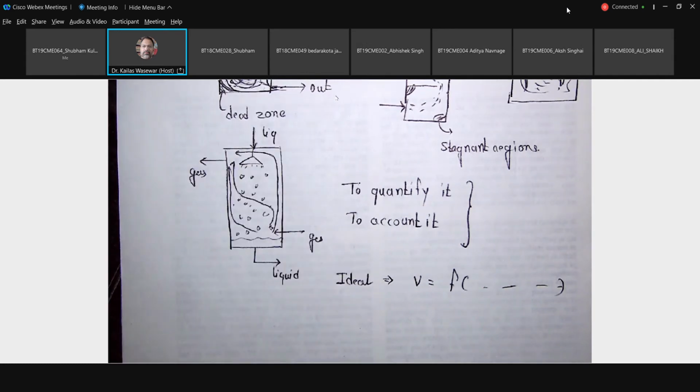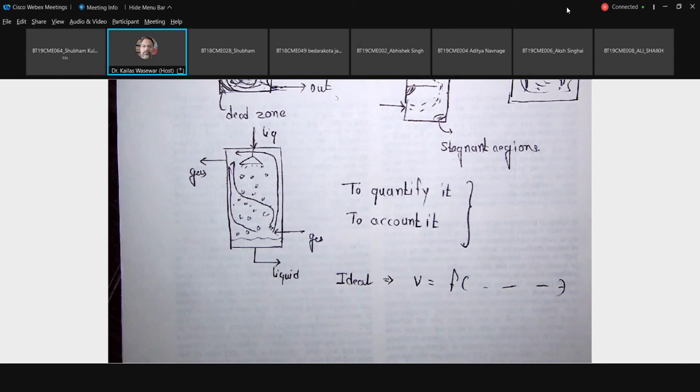To account for this, there are various mathematical models, so we have to use them. That means just by using our mathematical performance equation, you cannot design. You have to study the non-ideality of that reactor also. That's why we always take 20%, 30% excess and design the reactor.